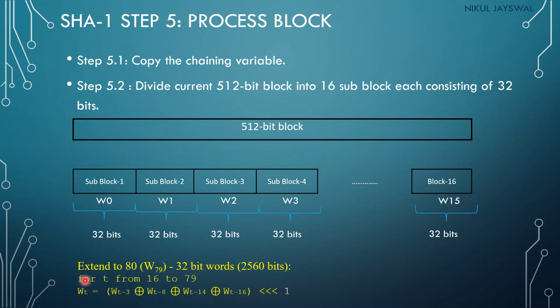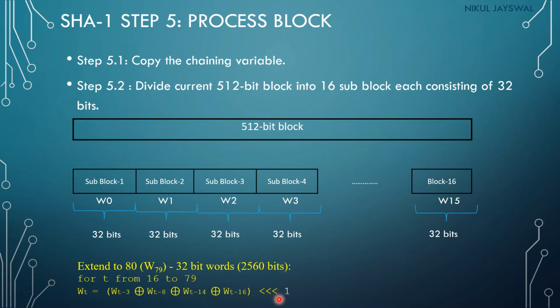So for word 17, this is the T, for T from 16 to 79. For word 17, we will take word 17 minus 3, that means word 14, XOR word 17 minus 8, XOR word 17 minus 14, XOR word 17 minus 16, and we will do a left shift of one bit.